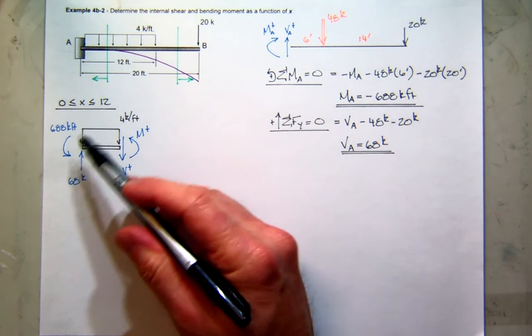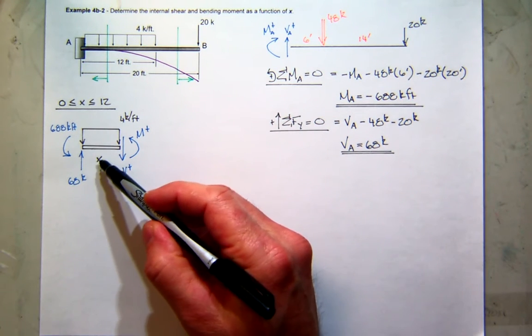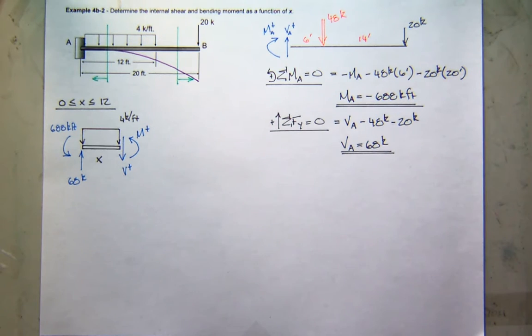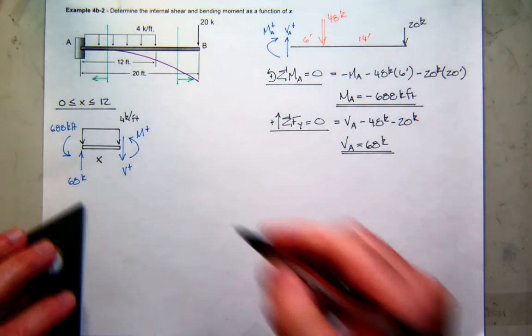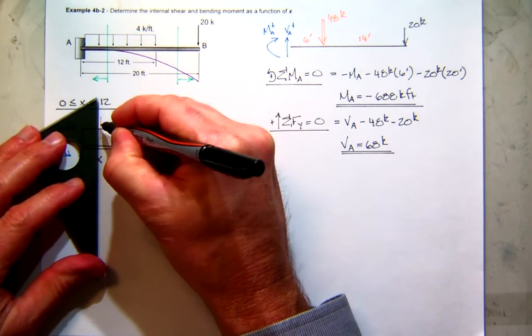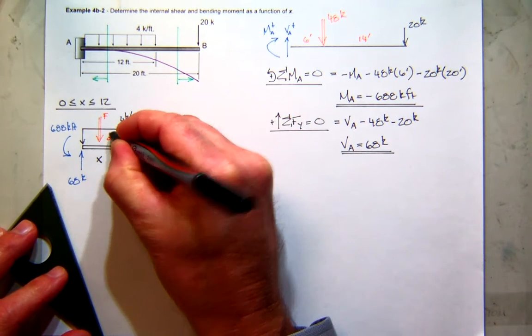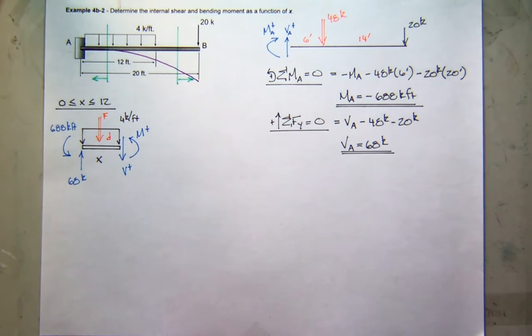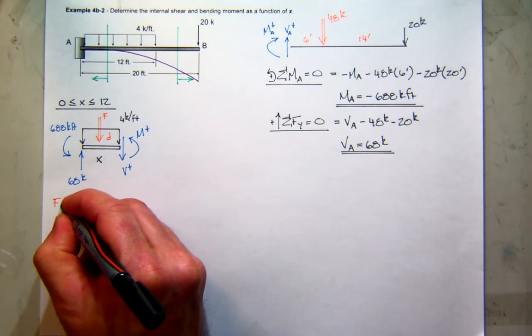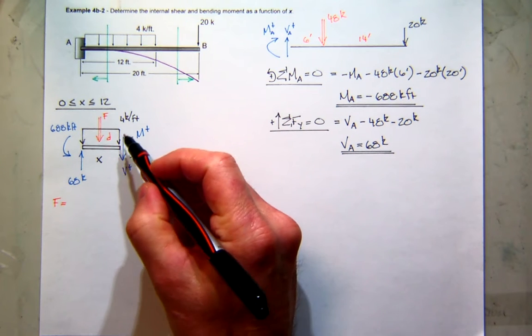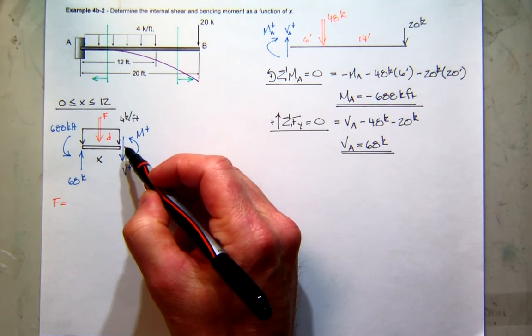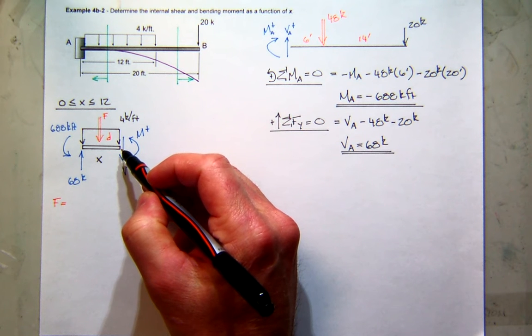And you'll notice that all this stuff is going to be a function of x because we're cutting at an arbitrary distance x. So I know I'm going to have an equivalent force and a distance from the cut. So what is the force equal to? What's the area of this curve, and what's this curve? It's a rectangle. What's the area of a rectangle?